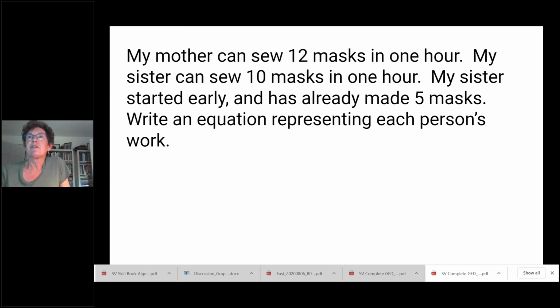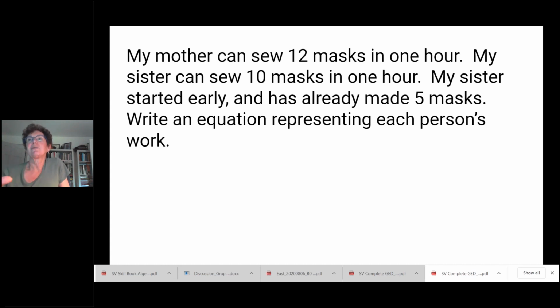And my sister started sewing masks too. Now my mom can make 12 masks in an hour, and my sister can make 10 masks in 1 hour. But on one day when I was talking to them, my sister started early, and she had made 5 masks before my mother even got started.